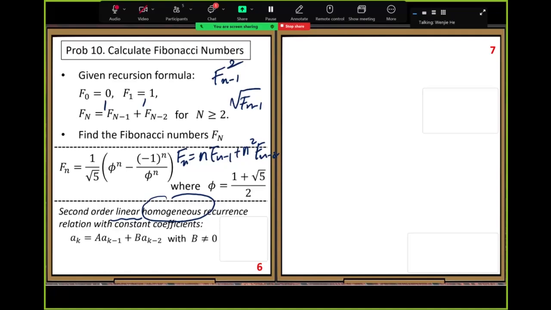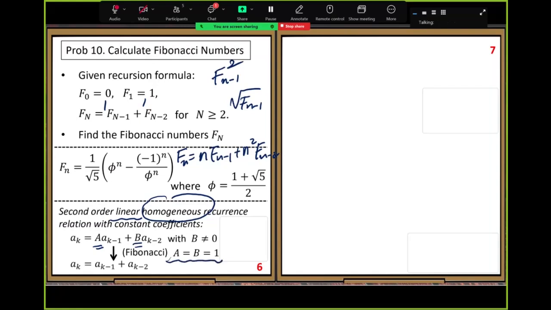All right. The general equation. So capital A, capital B, two constant numbers, but B cannot be 0. If B equals 0, you get a first order recurrence relation. Too simple. So we assume B not equal to 0, and we get a second order linear equation. The Fibonacci recurrence relation is just a special case.